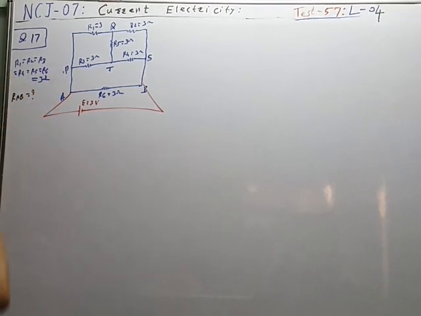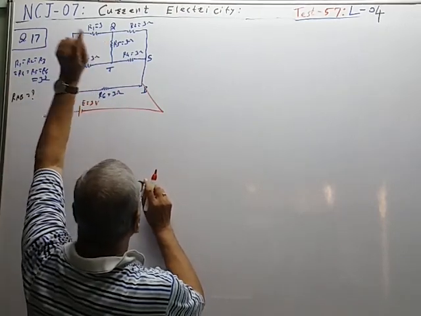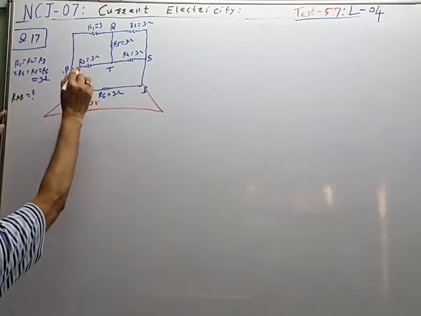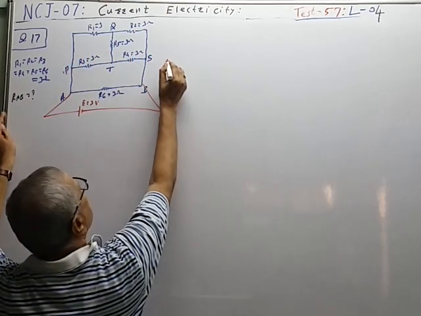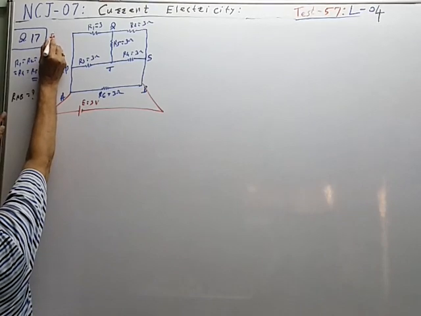So now this part PQST will form the bridge. So same circuit can be drawn like this. So this is figure 1.